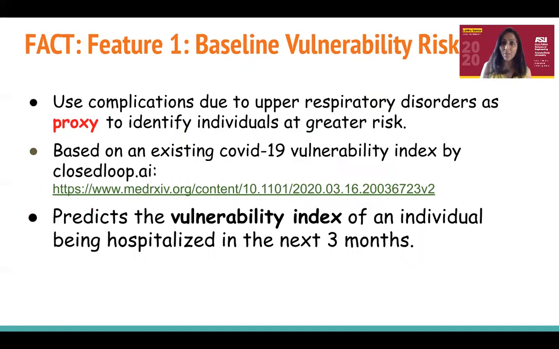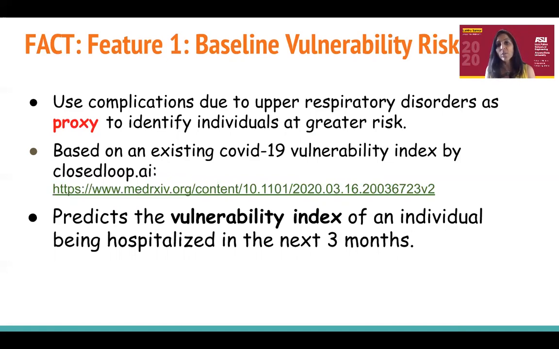So the baseline feature is based on this recent work by folks at this company called closedloop.ai. And the way they did this, they took 1 year's worth of data of people who have upper respiratory disorders, and they use as proxy for having complications from COVID or increased risk to COVID-19.